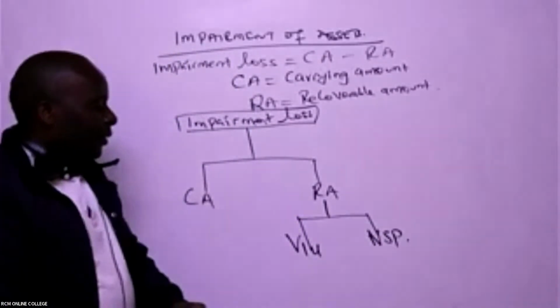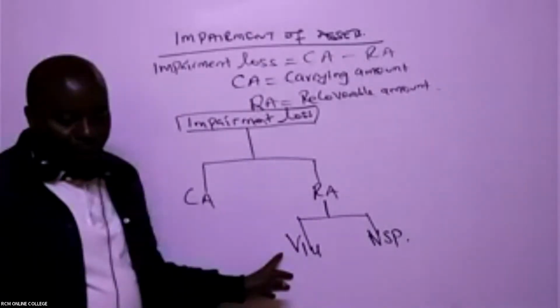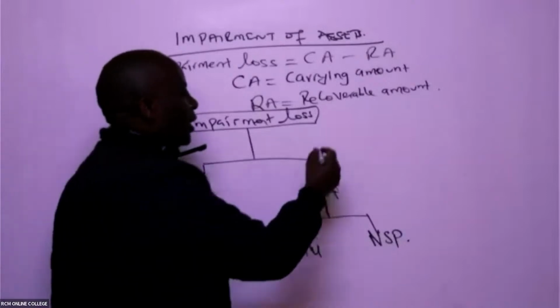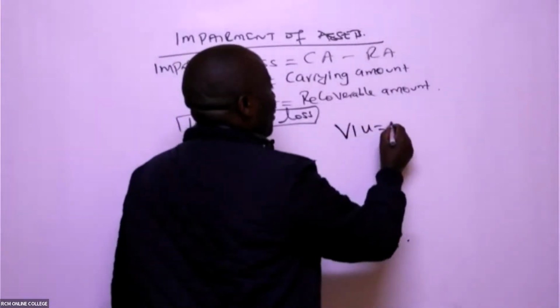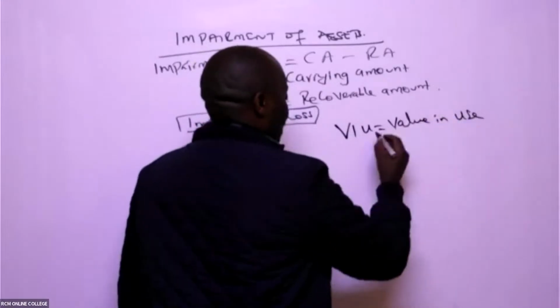Please write like this. VIU is value in use. This VIU stands for value in use.